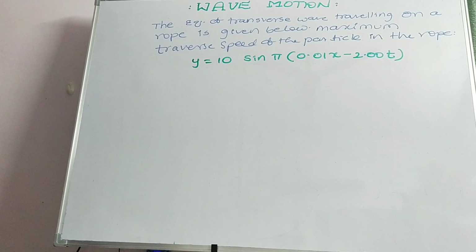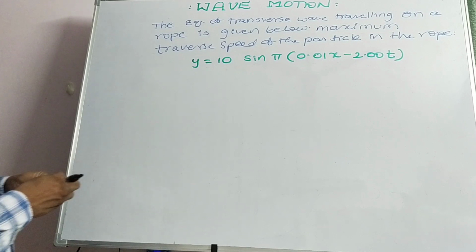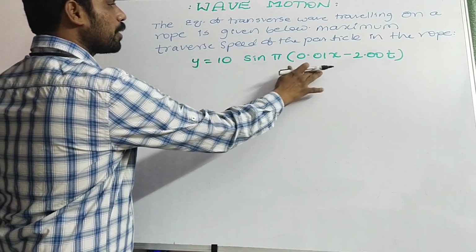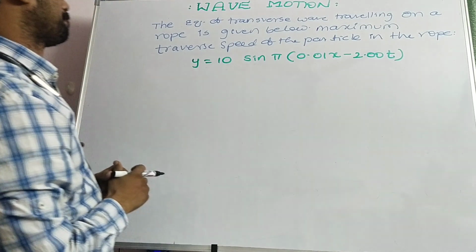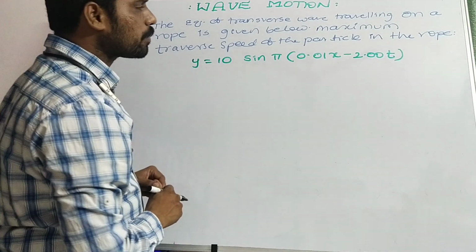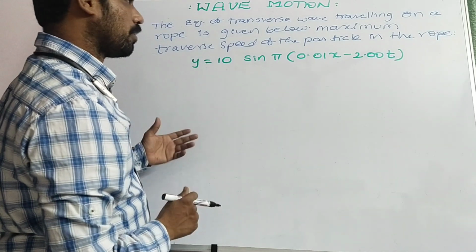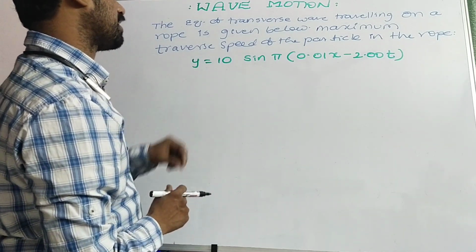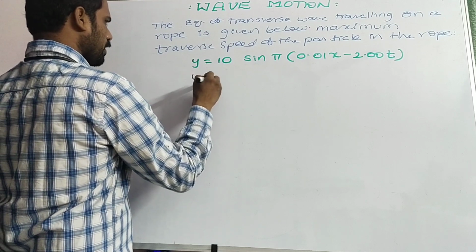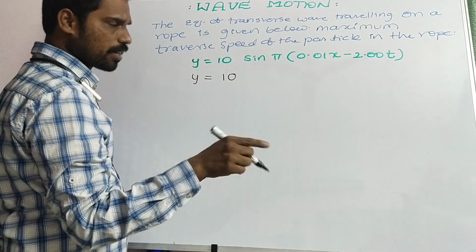So here is another question. The equation of a transverse wave traveling on a rope is given below: y is equal to 10 sin pi (0.01x minus 2.00t). The maximum transverse speed of a particle in the rope is? Let us see, here a small modification is required.